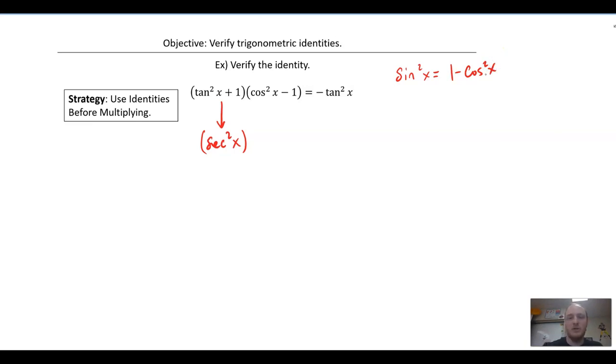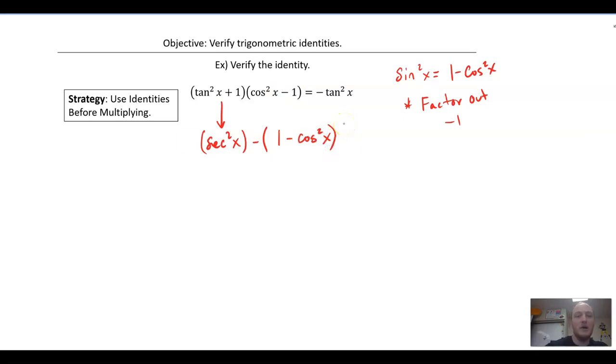So in order to get it to look like this, I'm going to factor out a negative 1. Okay, and here's what I do. I'm going to take out a negative, and it changes the sign. The 1 now becomes positive, and my cosine squared becomes negative.